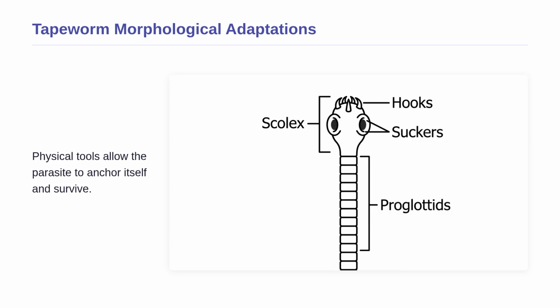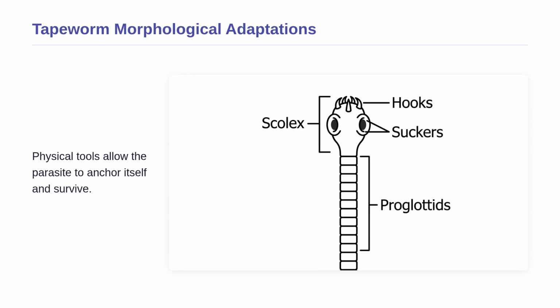To visualize these incredible changes, let us look at this diagram of a tapeworm's anatomy. At the very top, you see the scolex, which functions as the head. Notice the specialized physical tools here, the sharp hooks at the apex and the circular suckers on the sides.